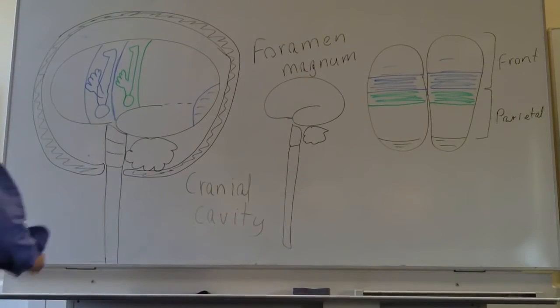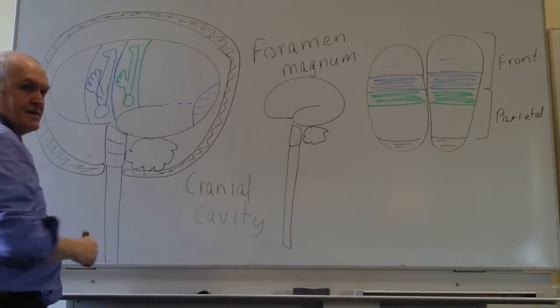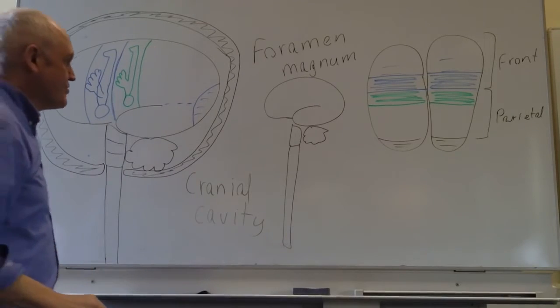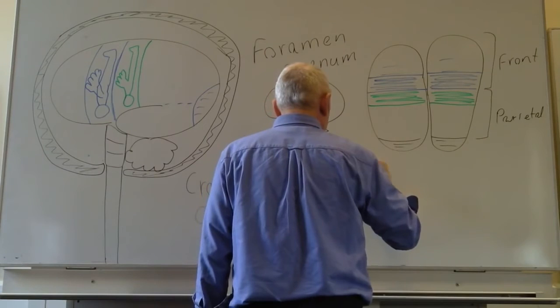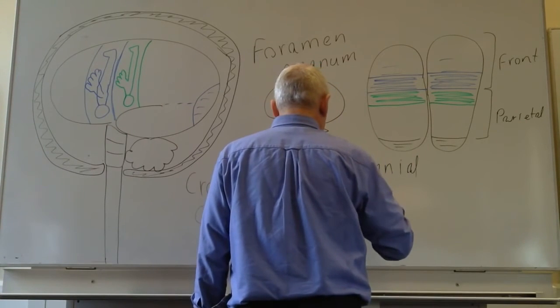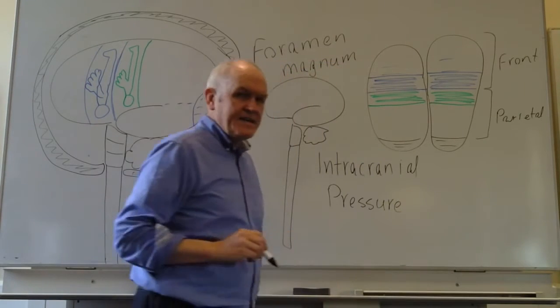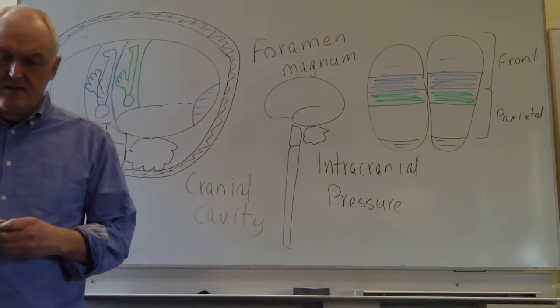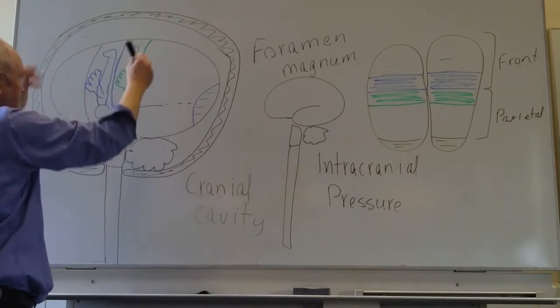And that's because there's a pressure in here. There's a little bit of pressure inside the cranial cavity, and that's called the intracranial pressure. The intracranial pressure is the pressure inside the cranial cavity.